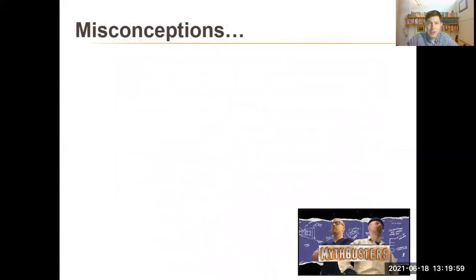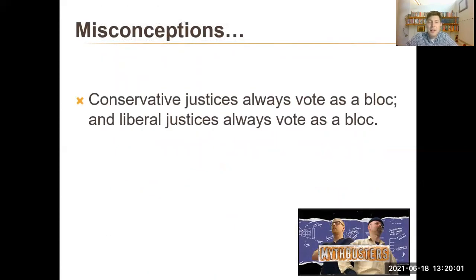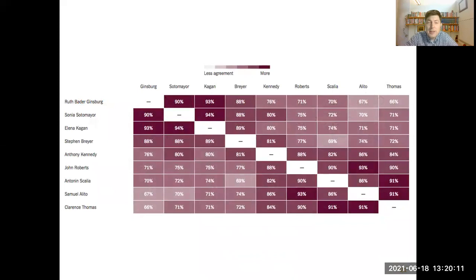A second misperception regarding the US Supreme Court is that conservative justices and liberal justices always vote together as blocs or consistently. This is actually not the case. If we were to look at the degree of similarity, that is, how often each justice agrees with the other justice, it's actually pretty common for many justices to agree with each other on case decisions.